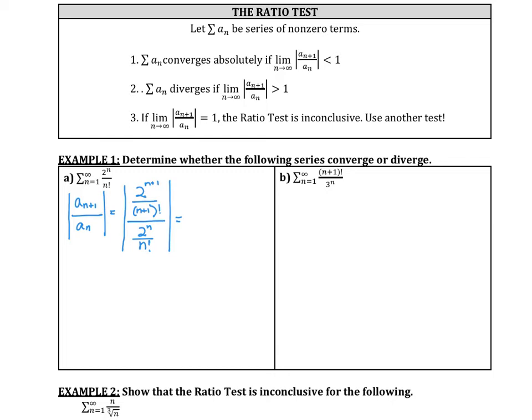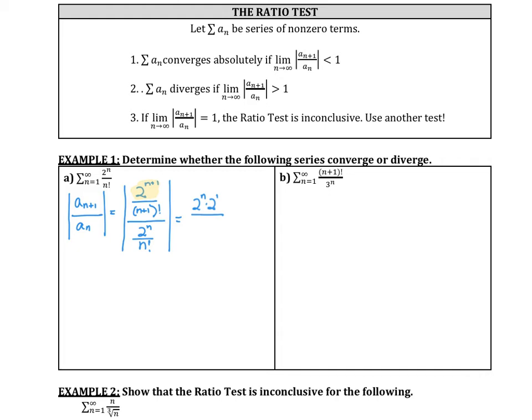Now, I want you to use your properties of exponents with me for just a moment. If we look at just this 2 to the n plus 1, do you agree that I can rewrite this as 2 to the n times 2 to the first? If we undo our properties of exponents, I can write it that way.